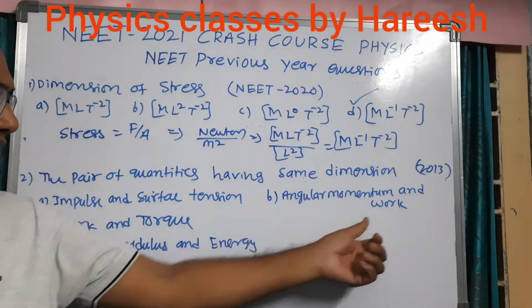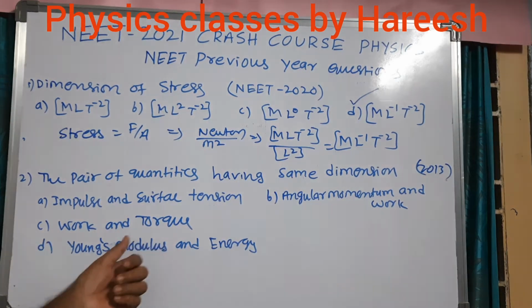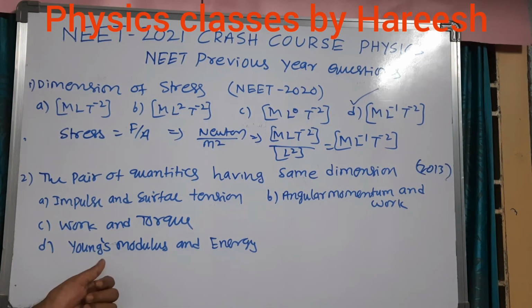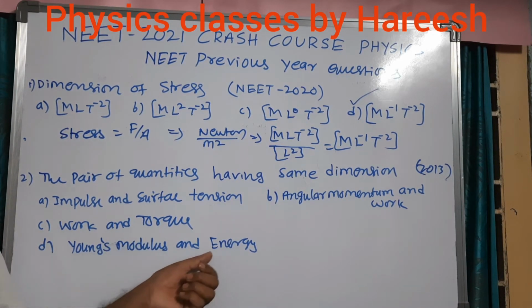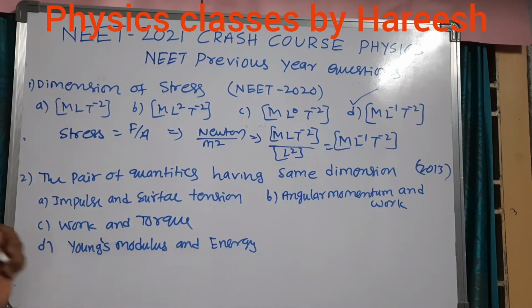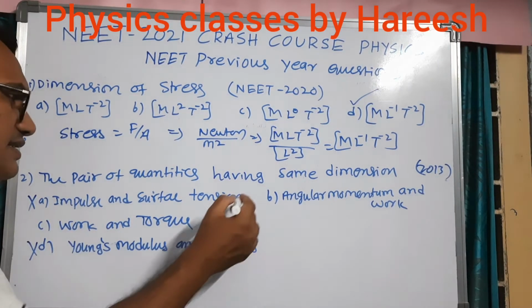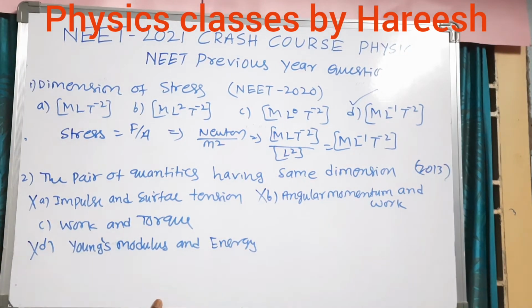Young modulus has the same unit as stress, so energy and Young modulus do not have the same unit. Angular momentum and work also do not have the same dimension.